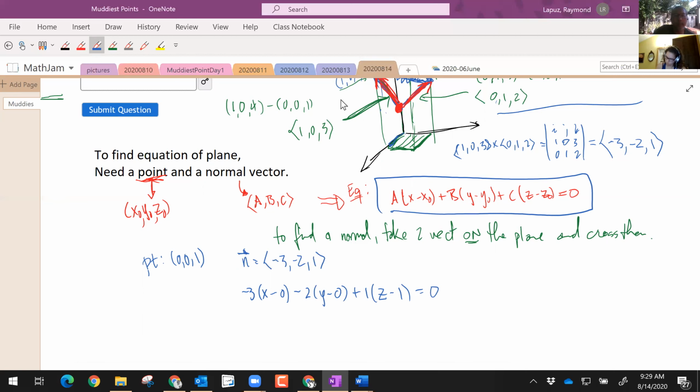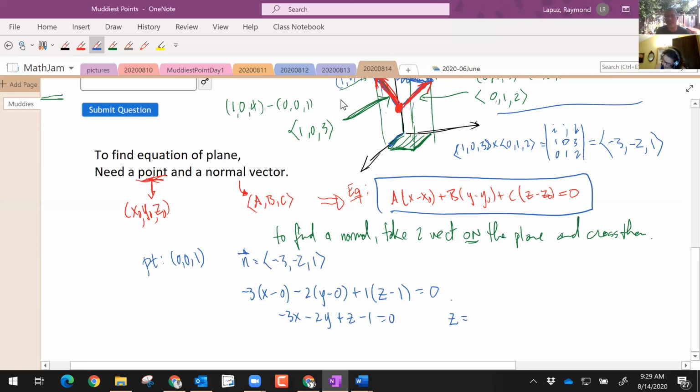So this is minus 3x minus 2y plus z minus 1 is equal to 0. And we could leave it like that. This is a valid equation of a plane, but just for the sake of being able to graph it, I want to solve for z. No big deal.